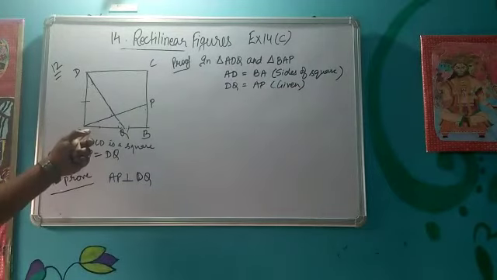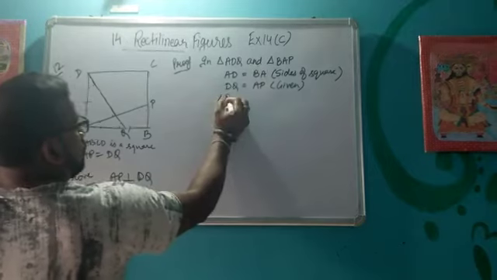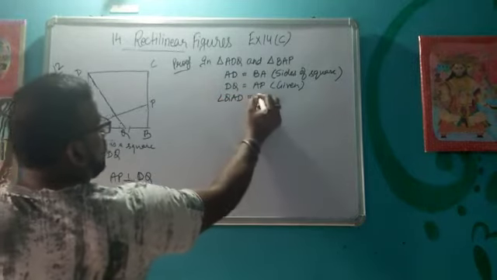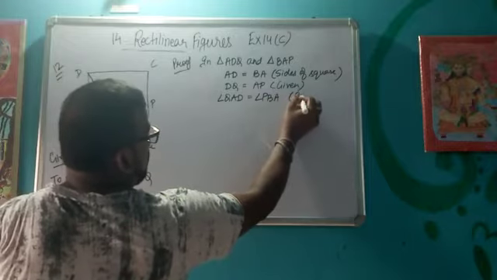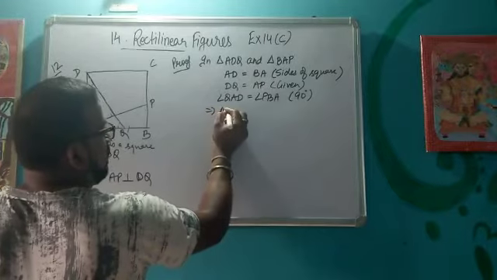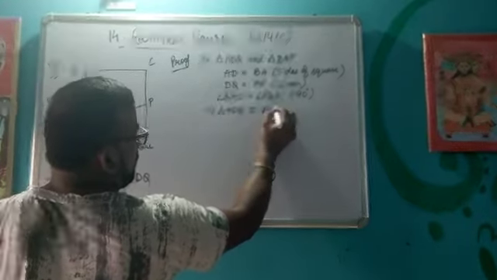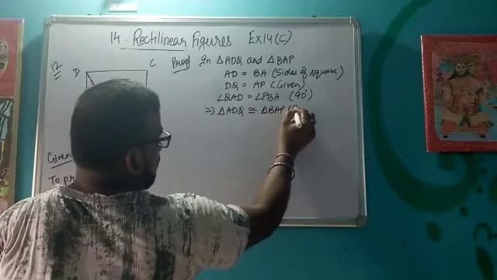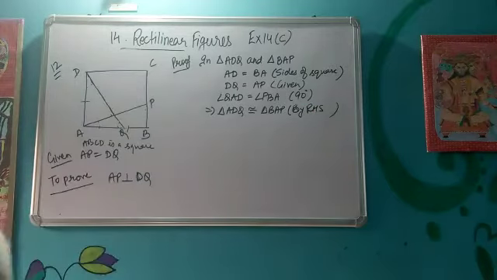Now this angle is 90 degrees, so we can say that angle QAD is equal to angle PBA equal to 90 degrees. So that means triangle ADQ is congruent to triangle BAP by RHS criteria.